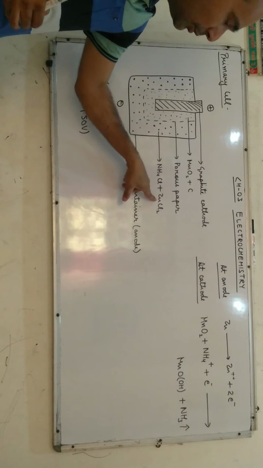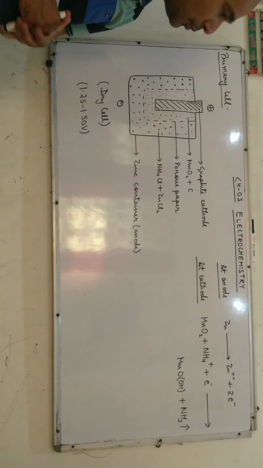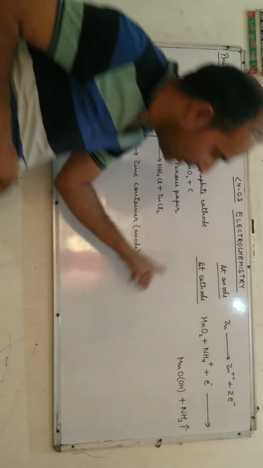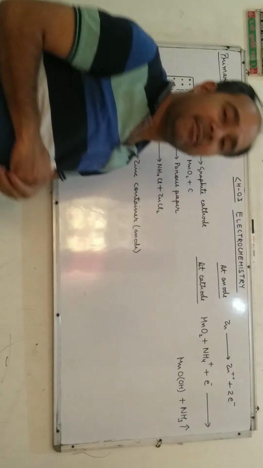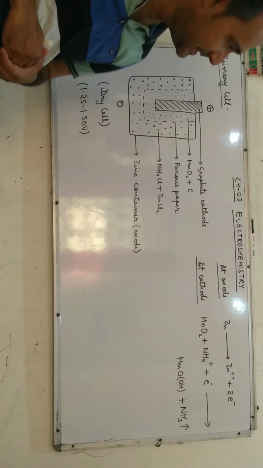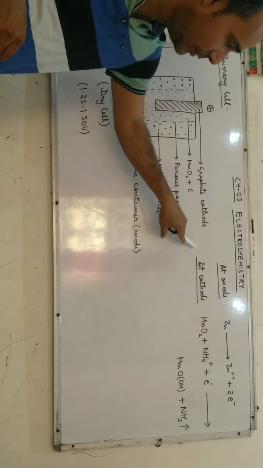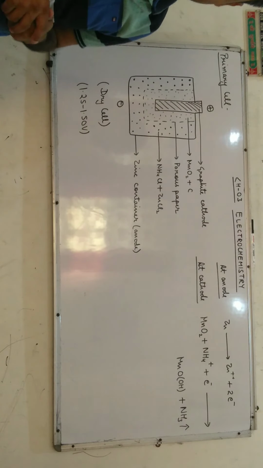The role of zinc chloride filled in dry cell is to form a complex with ammonia. Otherwise, ammonia produced inside the cell would break the seal of cell. So these are the reactions that take place at cathode and anode in dry cell.